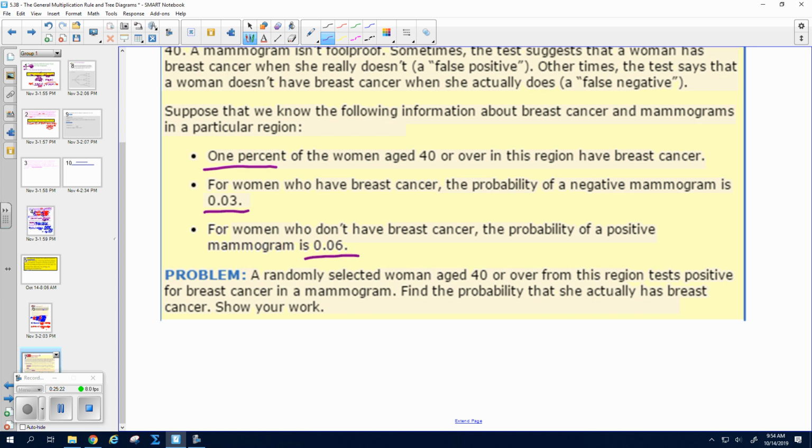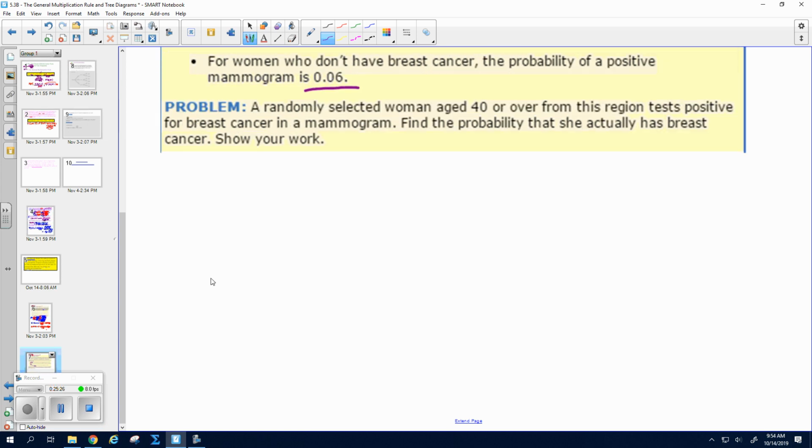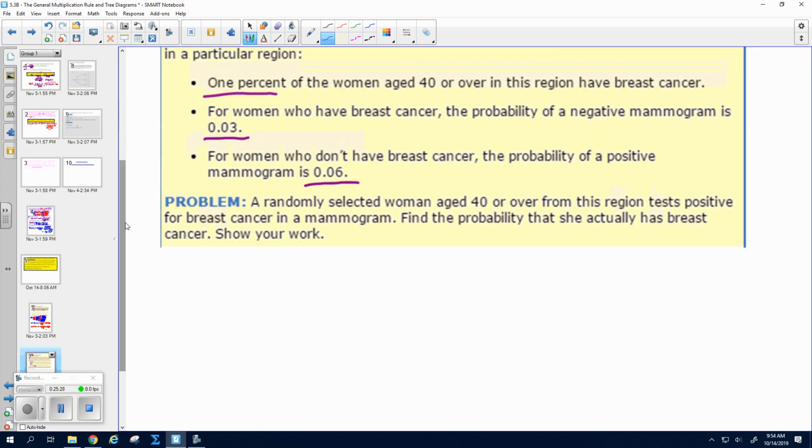All right. So first we're going to set up our tree diagram. And what do you guys think goes first? Kendra, what do you think? Yep. So I'll just put has, doesn't have.